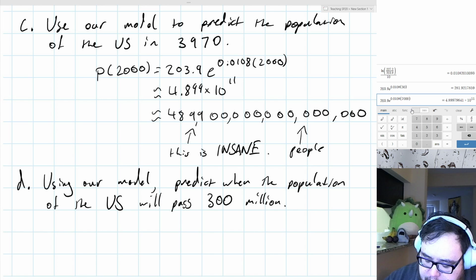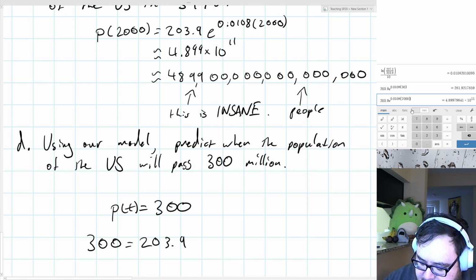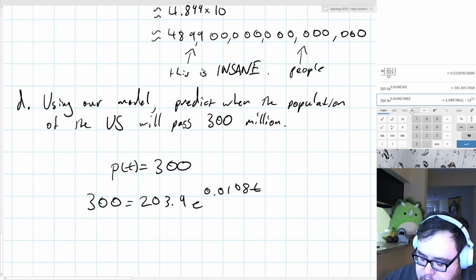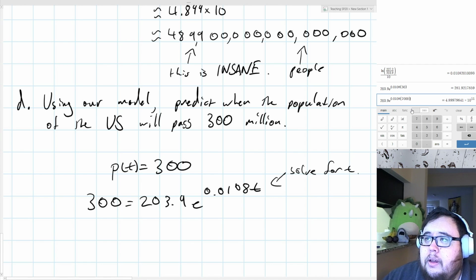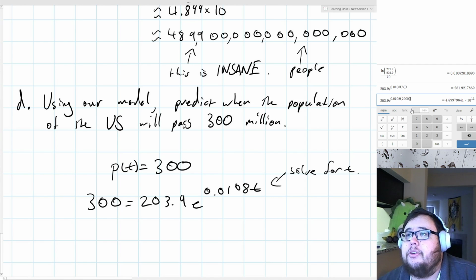Okay, so for here, what we're saying is we want P of t to be equal to 300. In other words, we want 300 to be equal to 203.9 e to the 0.0108 t. Okay, and we need to solve for t. And this is almost exactly the same process that we used to solve for k in the first place.